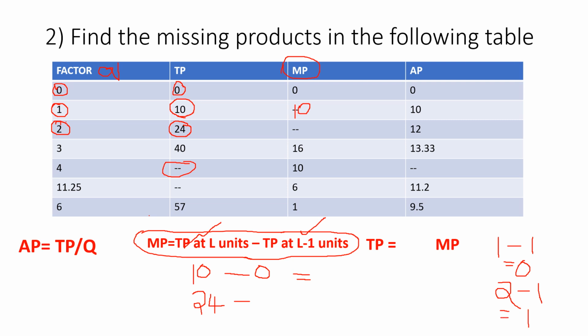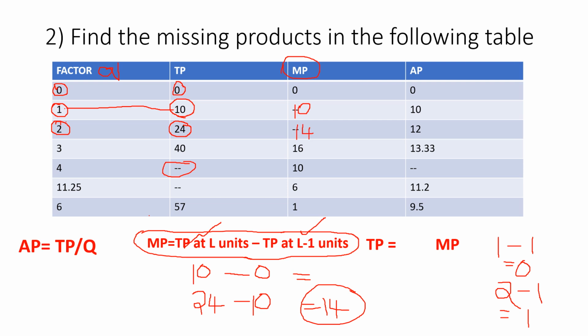Now you have to see the corresponding TP of which one? 1. See which TP is beside this 1. It is 10, right? So 24 minus 10. How much is it? You have to sit with your calculators now. Those who do not have calculators, quickly grab them, because I know even simple calculations are difficult for us. Some people even use a calculator for 1 plus 1. Okay, so our answer is 14. Correct? 24 minus 10, 14.